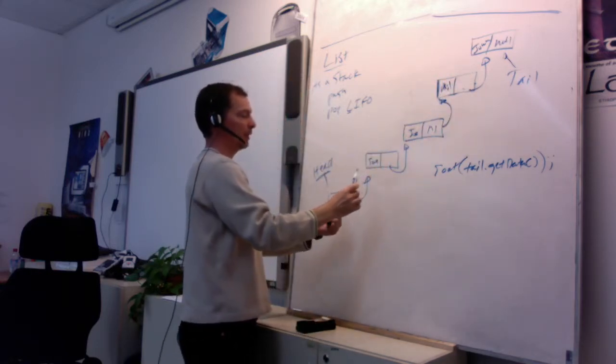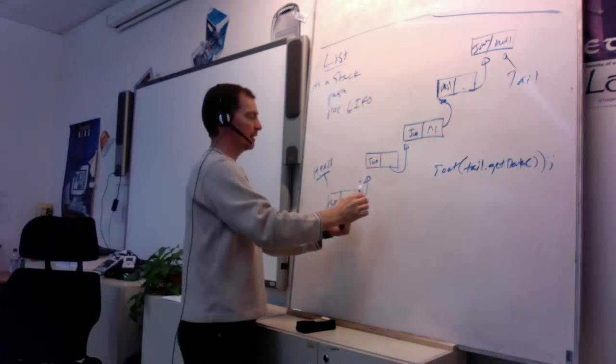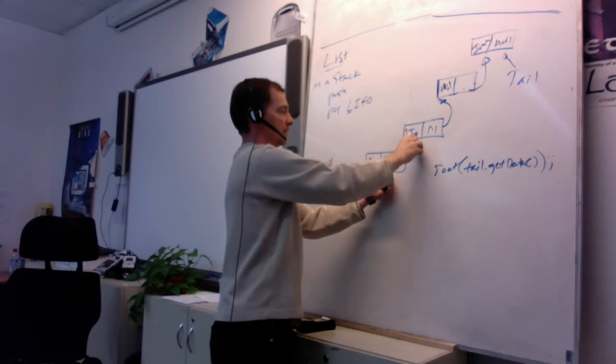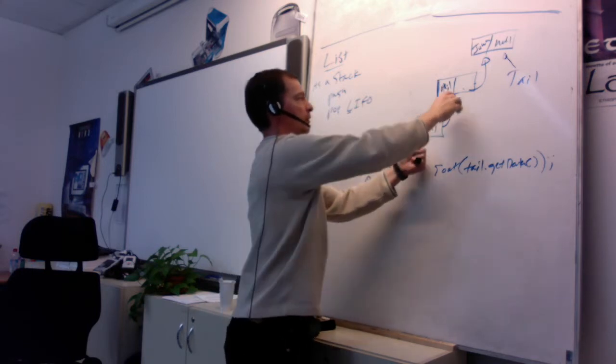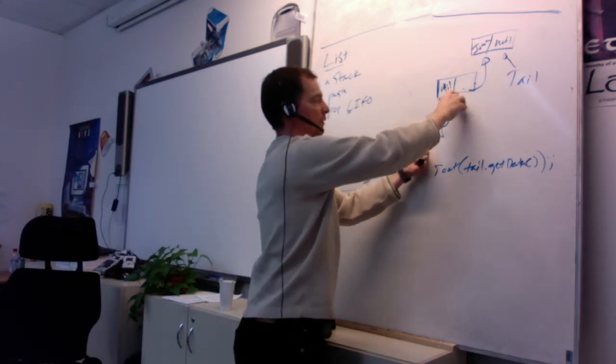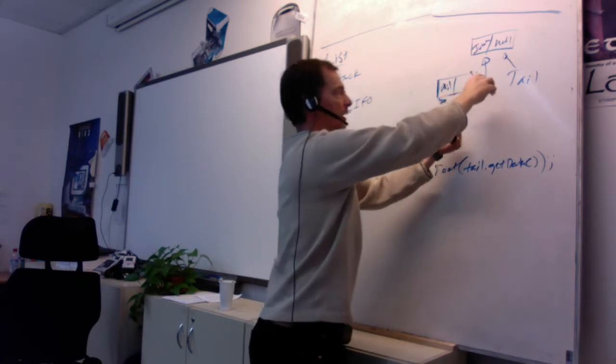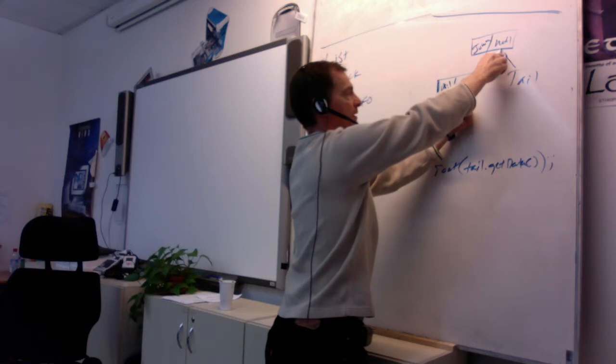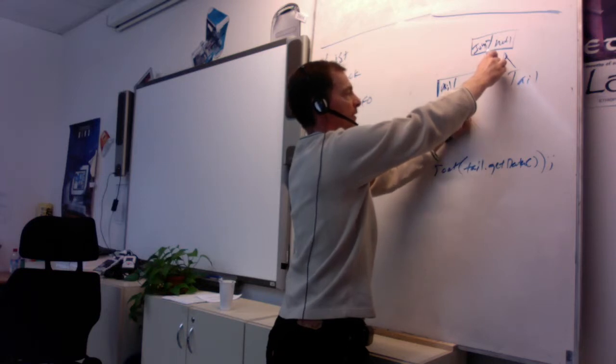So as we're working our way through, we keep track of previous, current, previous, current, previous, current. And when we get to previous and current, and the pointer, the get next, is null, then we know we've reached the end of the list. But we've still kept track of previous.